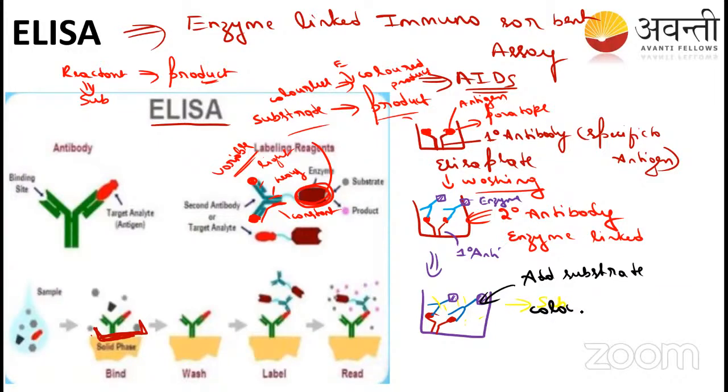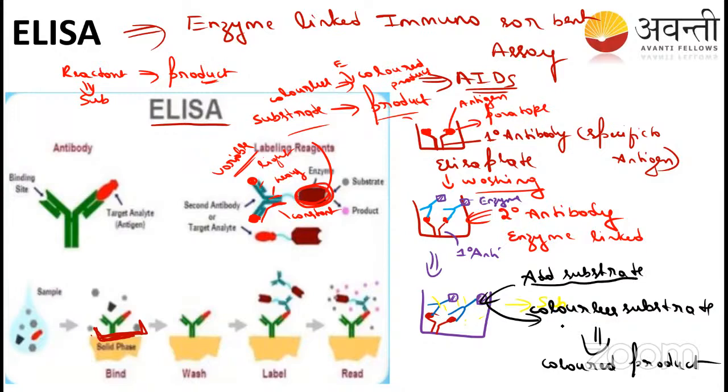Then, if it is attached, it must convert the colorless substrate into the colored product, right? So we will add the substrate, and it will convert the colorless substrate into the colored product.